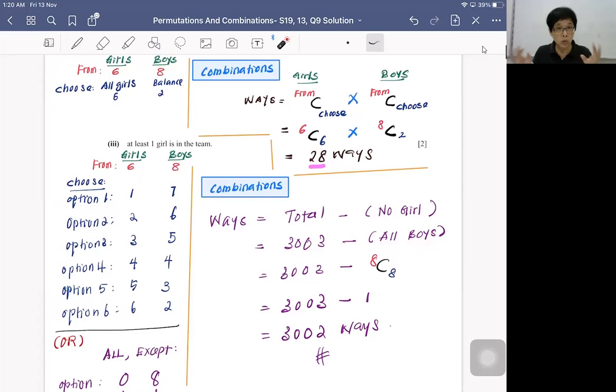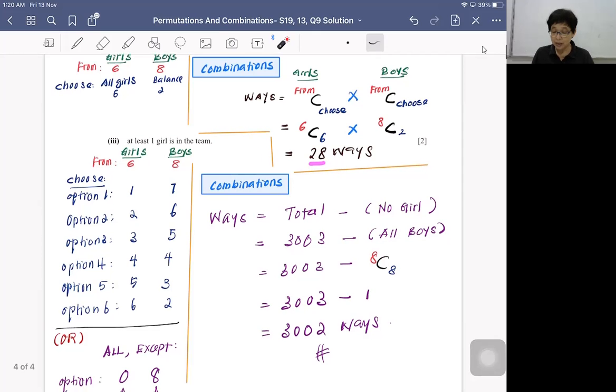The same 3003 take up all boys, and all boys would mean what? Out of the 8 boys, chosen for 8 places.